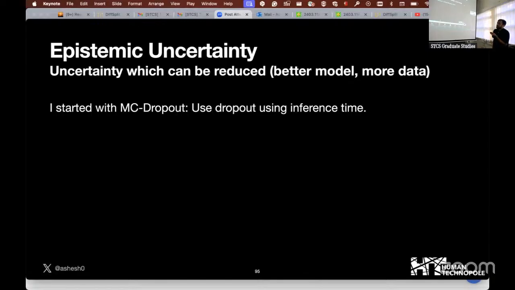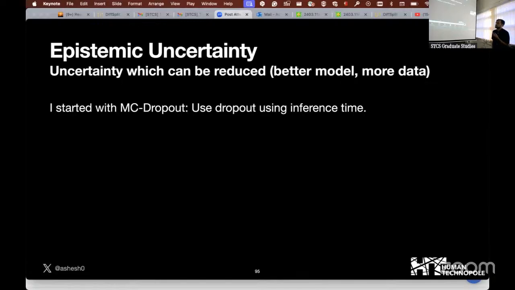The second is epistemic. This is something that could be reduced. So if you have a better model or if you have more data, then this component of uncertainty can be reduced. I have started doing preliminary research on this. I tried to implement Monte Carlo dropout into our setup.